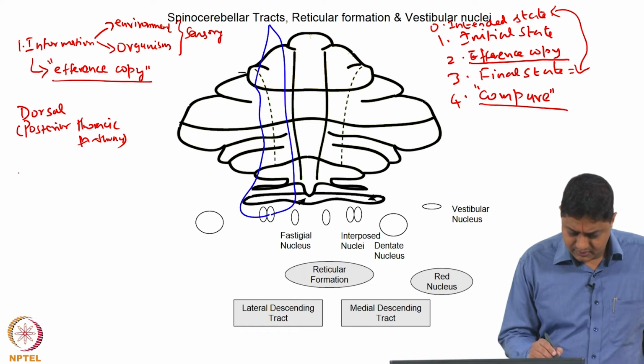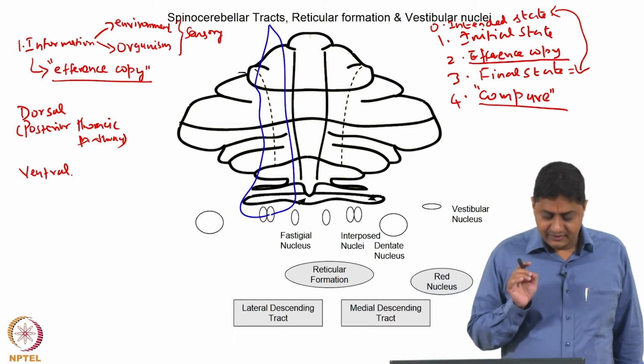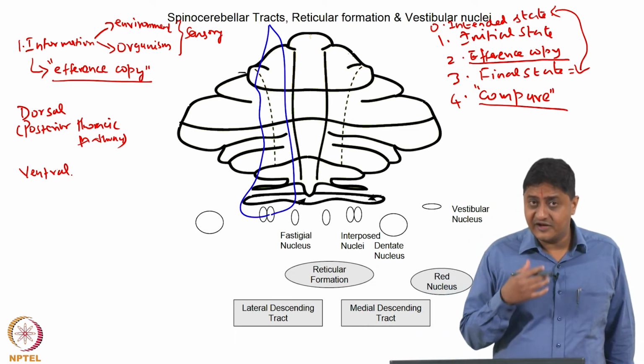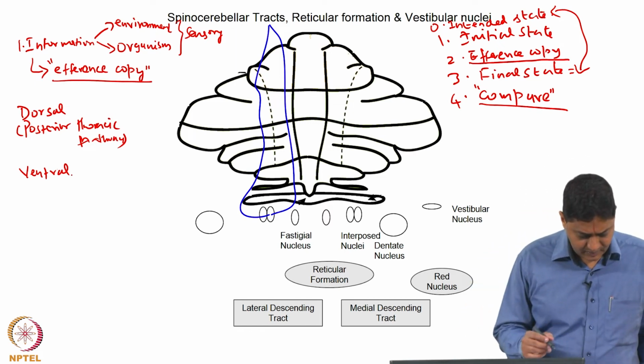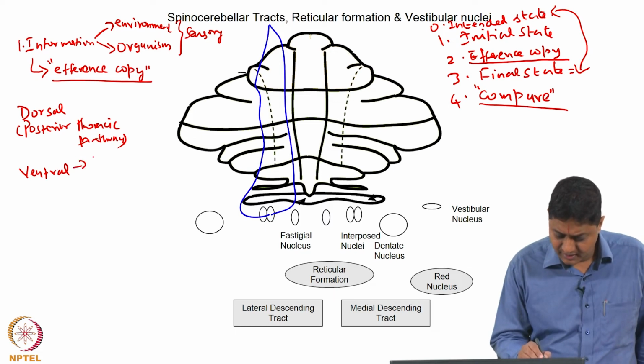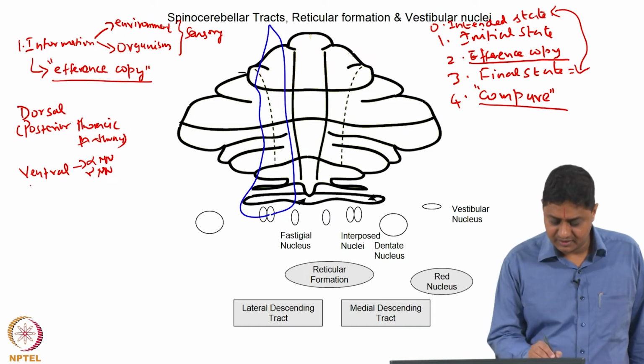And ventral. Whenever we say ventral, we are immediately reminded that the ventral part of the spinal cord is responsible for motor functions. So the same inputs as the alpha motor neuron, gamma motor neuron, or spinal motor neuron inputs are the efferent copy.